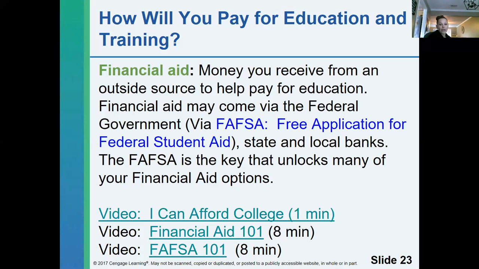Financial aid may come via the federal government. The FAFSA that I was asking about is the Free Application for Federal Student Aid. The application is free to apply, and it's the key that unlocks many of your financial aid options.